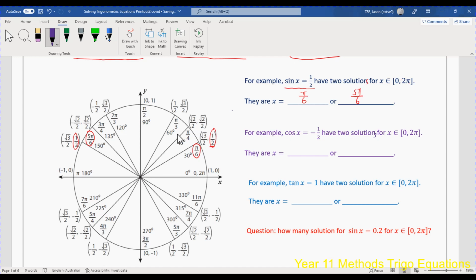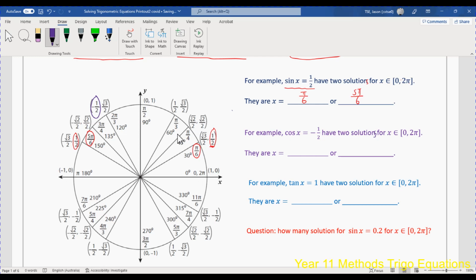And the first coordinate being minus a half, would that be in the first quadrant? Of course not, the first coordinate in the first quadrant must be positive. So let's go to the second quadrant. Then you will see a negative half here. That negative half is for cosine.